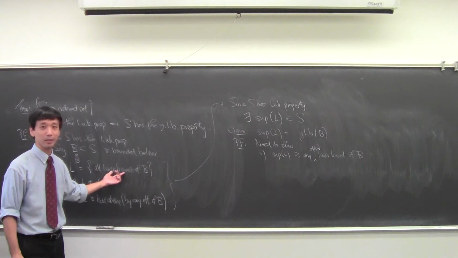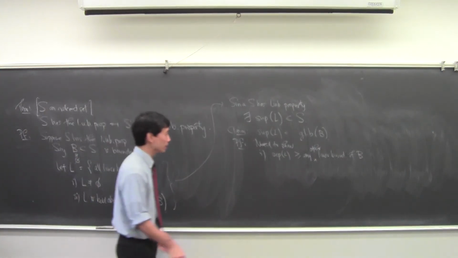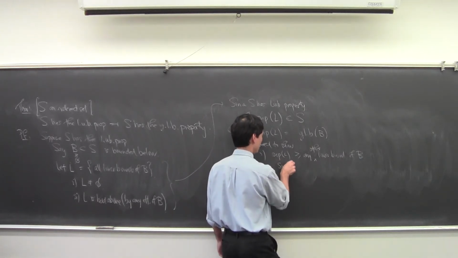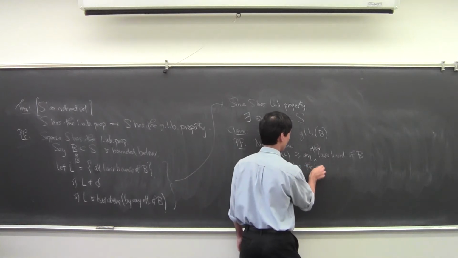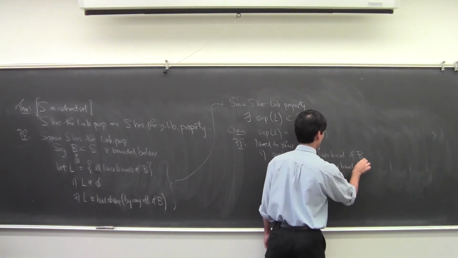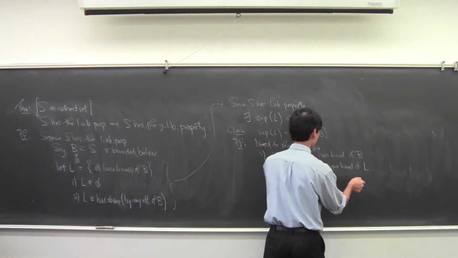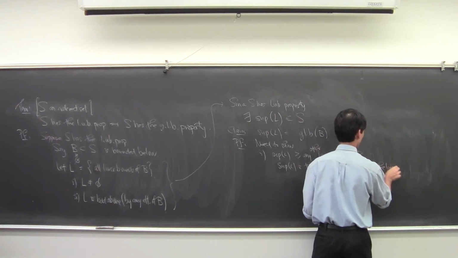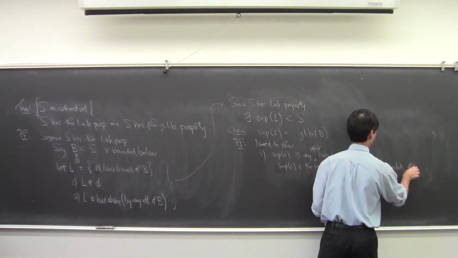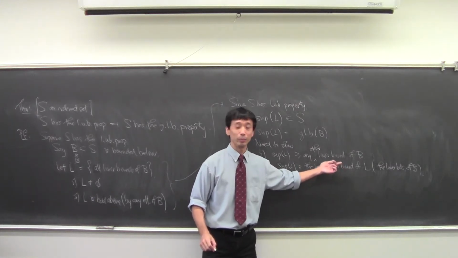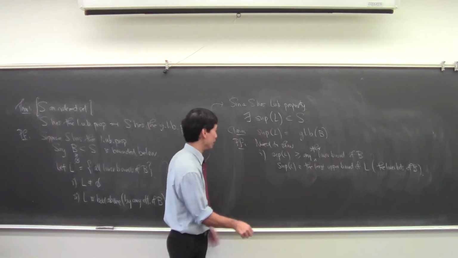It's an upper bound of these guys, so it's going to be bigger than them. So that's obvious. Supremum of L is the least upper bound of L, and remember L is all the lower bounds of B. So it's definitely bigger than all the lower bounds of B. So that part we don't have to worry about. That's easy.